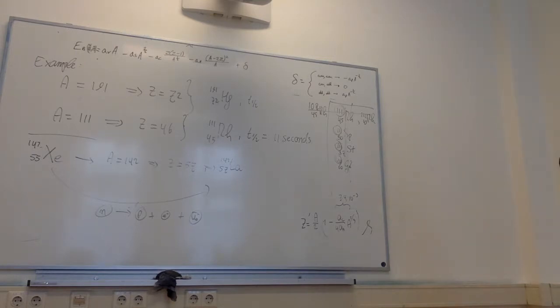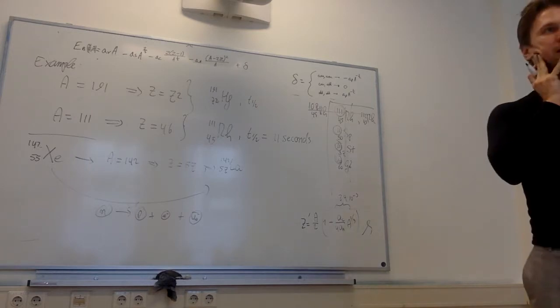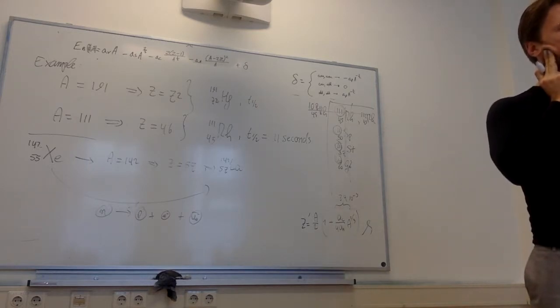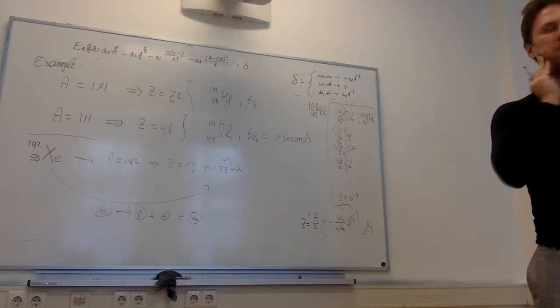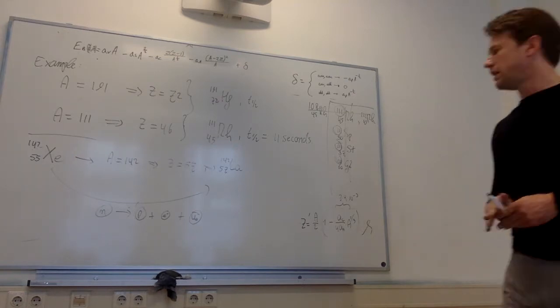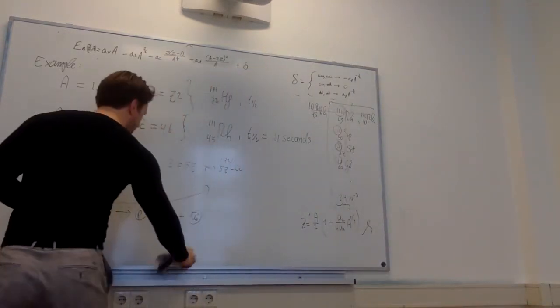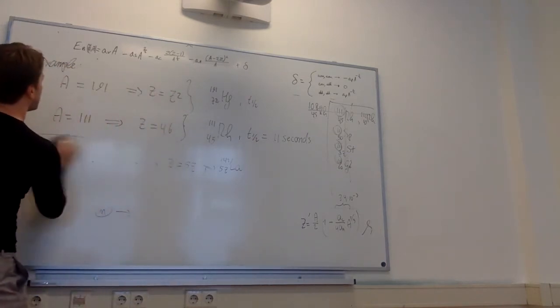Alright, so that's nice. One of the other exercises: what is the binding energy of an alpha particle? You take an alpha particle, you peel it apart. How much energy will that cost you?